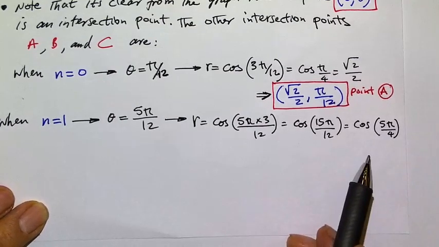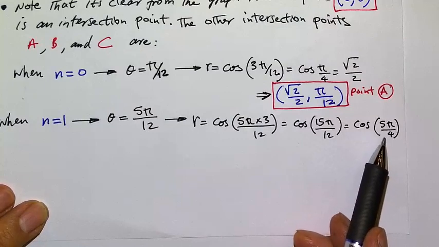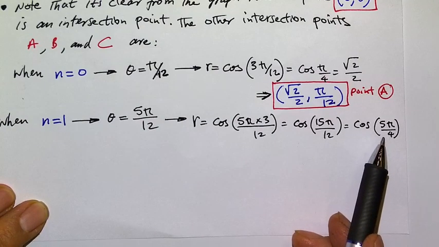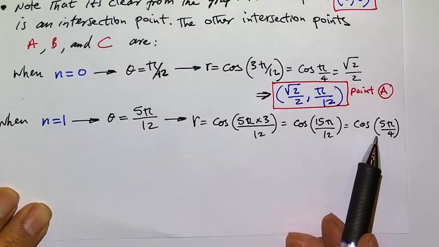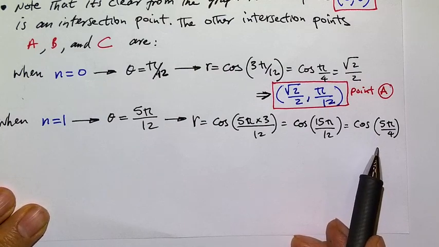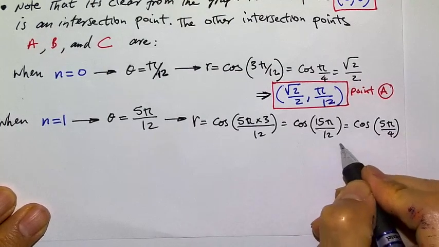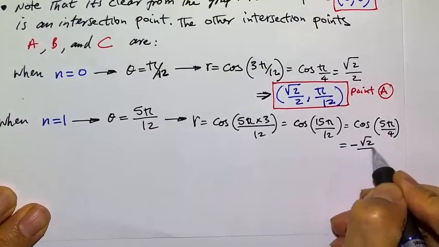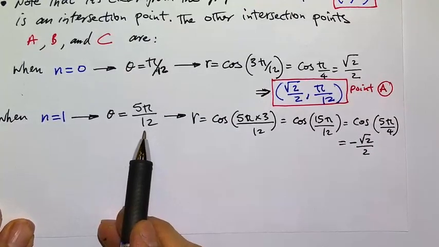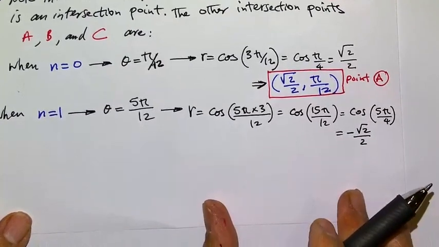And then this is in the third quadrant, and cosine in the third quadrant is negative. It would be negative square root of 2 over 2. Okay, so this is the r, and we know that is associated with this angle, 5 pi over 12.